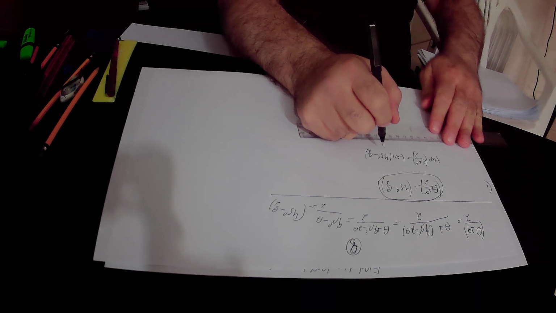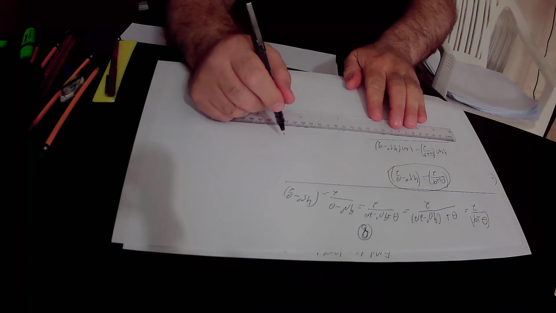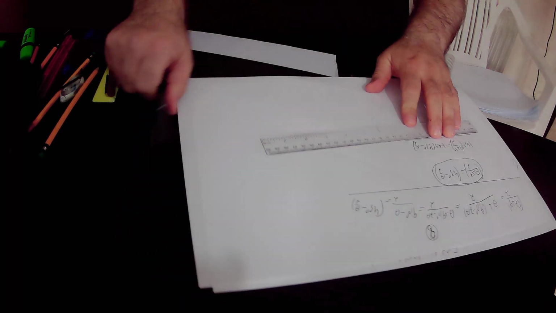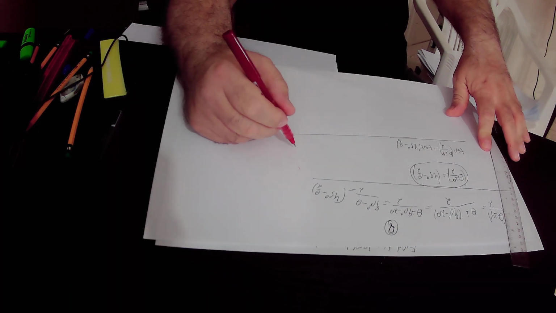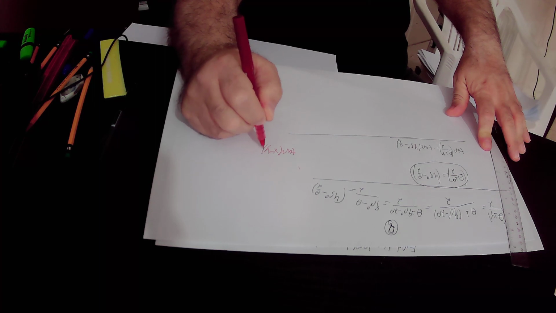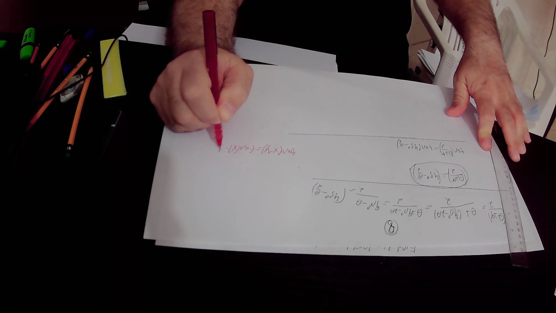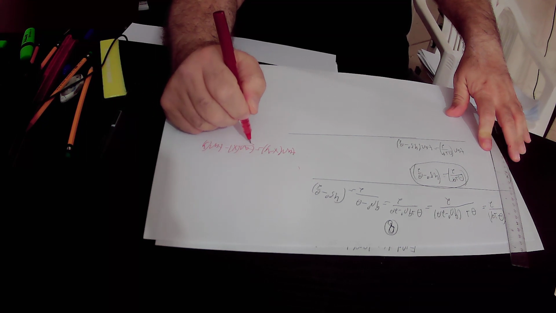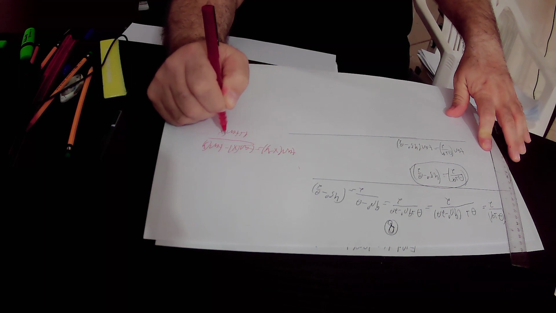Here we have a trigonometric identity for the expression of tangent 45 degrees minus theta over 2. According to the following trigonometric identity, the value of tangent x minus y will be equal to tangent x minus tangent y over 1 plus tangent x times tangent y.